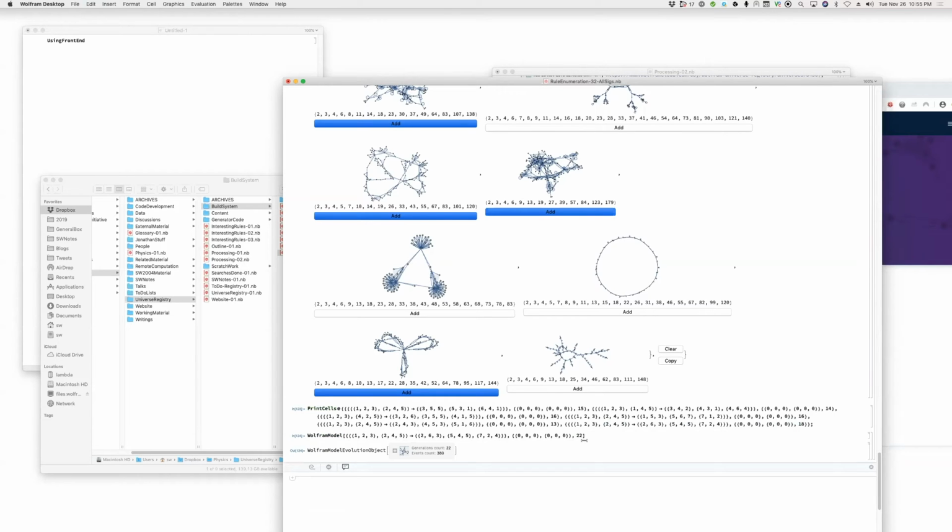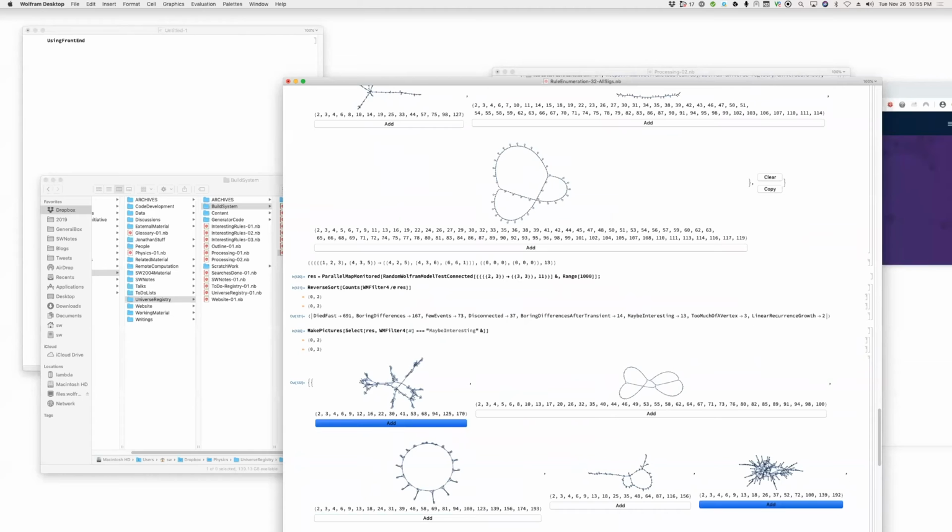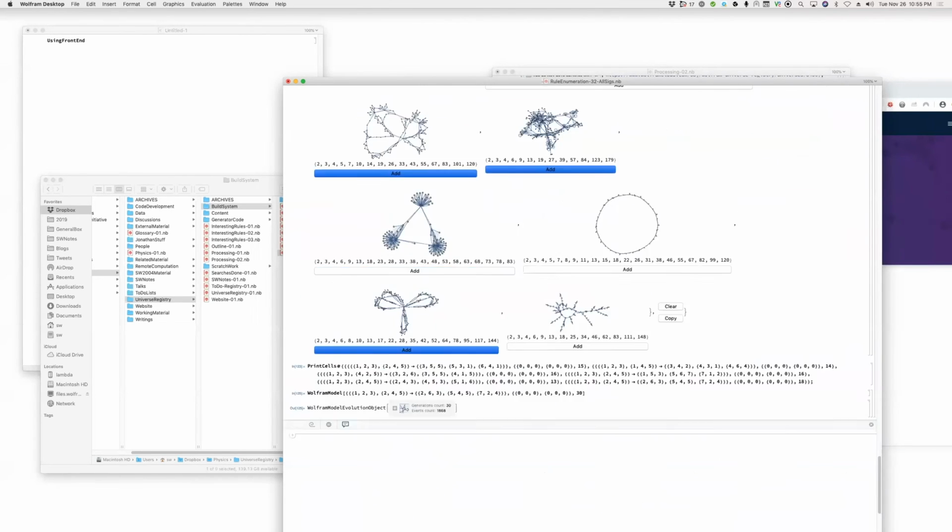It's still tiny. Look at how small that events count is. Are these ordinary graphs? No, they're hypergraphs.